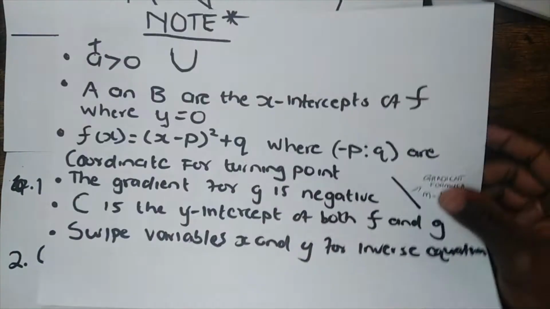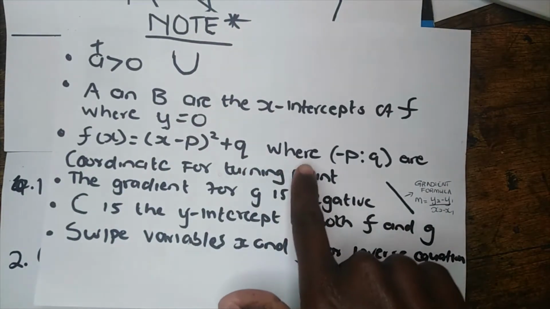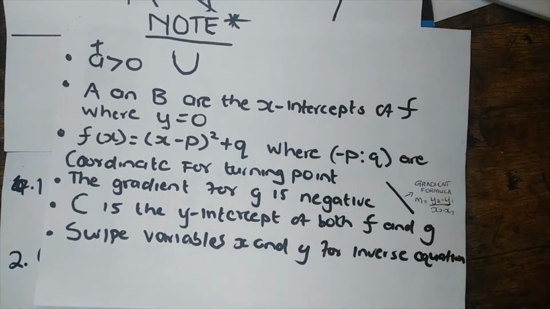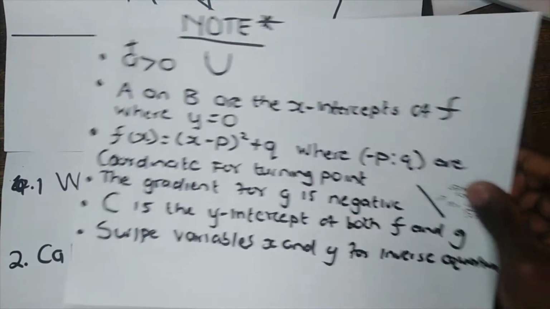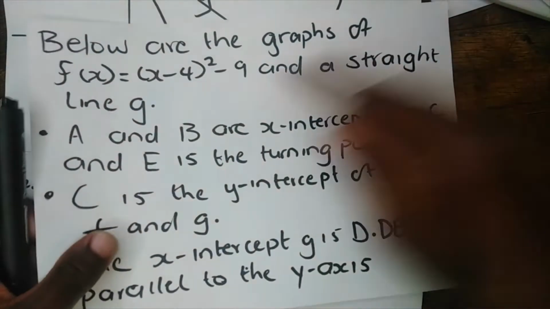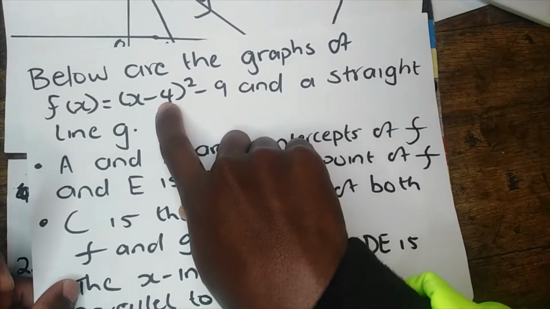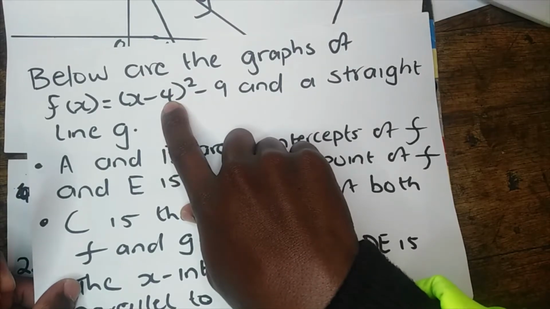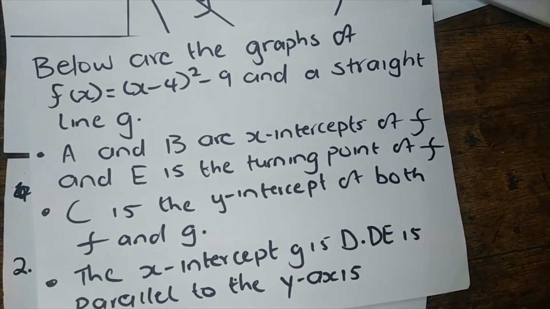If you go to bullet number 3, p and q are the coordinates of the turning point. So it's simple now. What are our p and q? If you go to the equation, our p here is +4, and our q is -9.